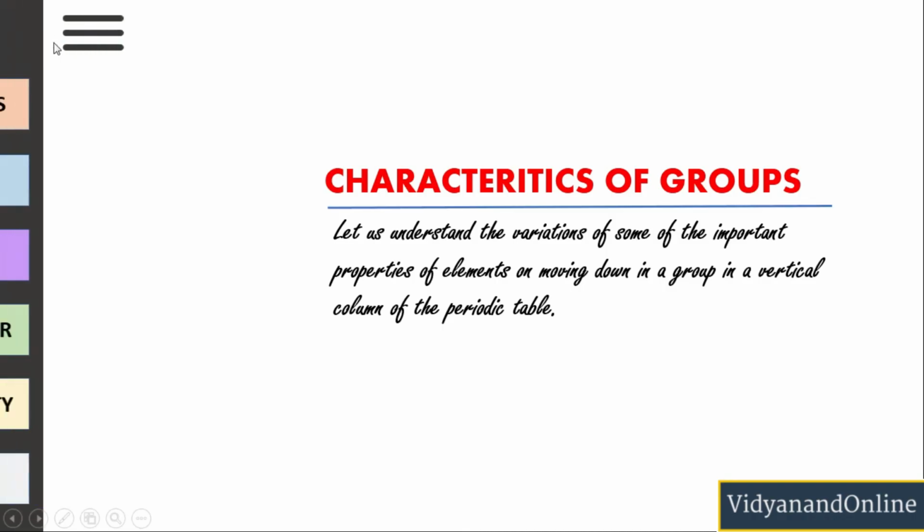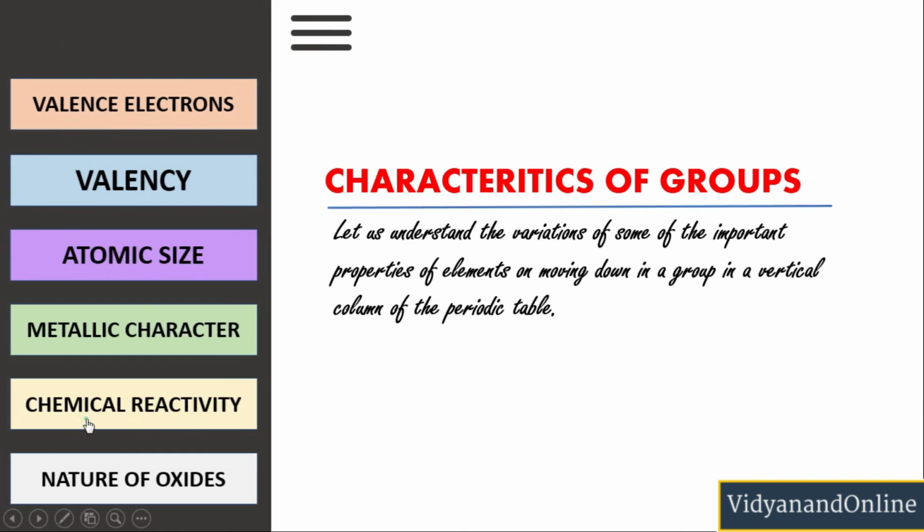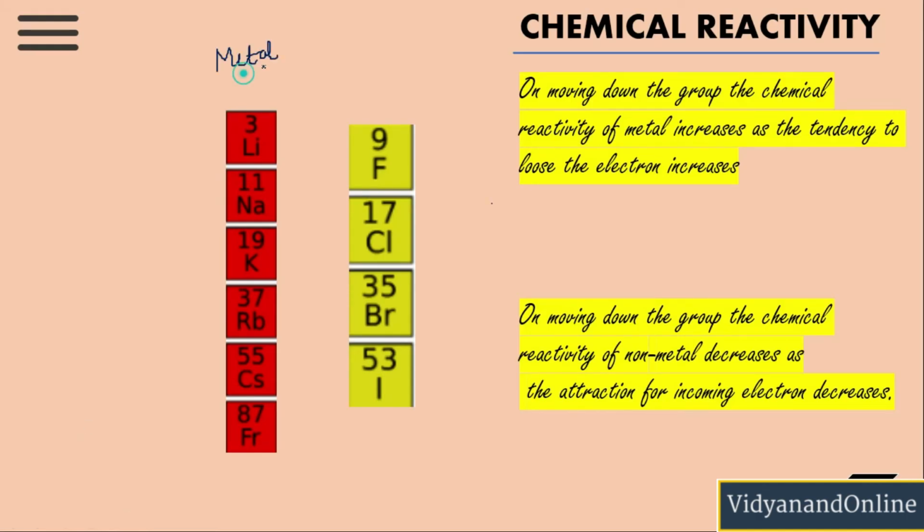Now, talking about the next characteristic, which is chemical reactivity. If a metal is able to lose an electron very easily, then it will be highly reactive, whereas if a non-metal is able to accept an electron very easily and become stable, then it will be highly reactive. On moving down the group, the chemical reactivity of metals increases as the tendency to lose the electron increases.